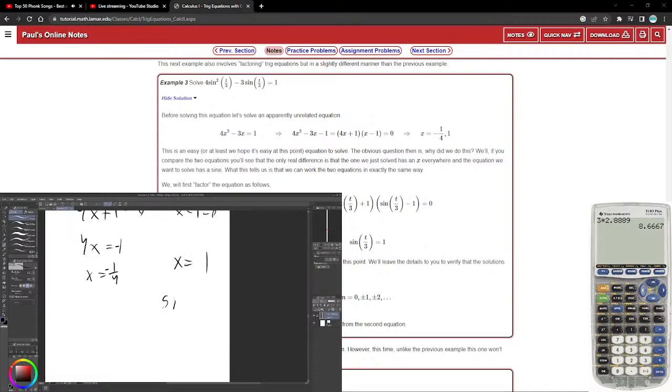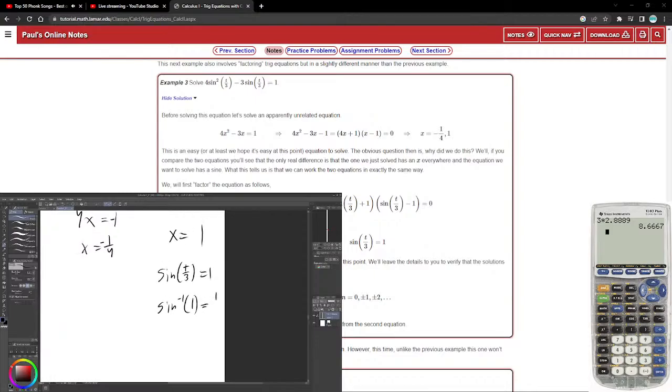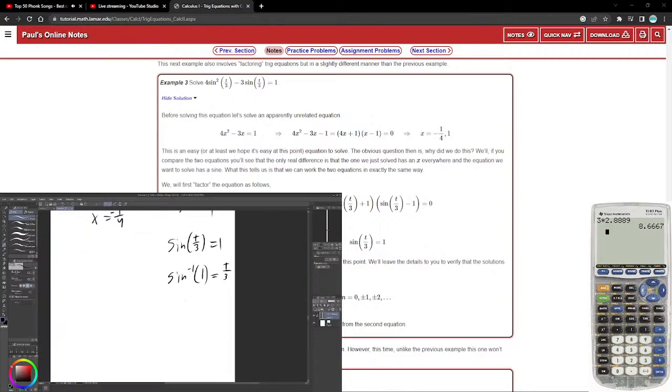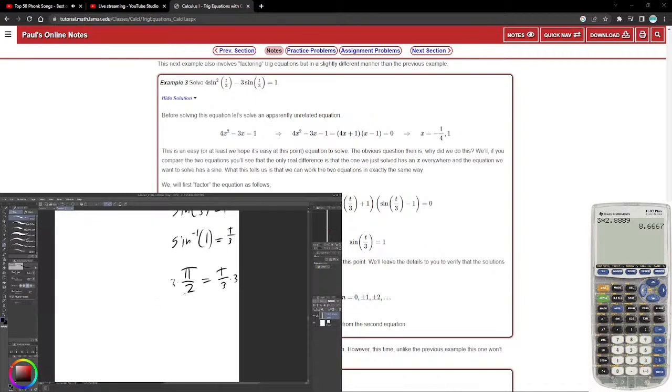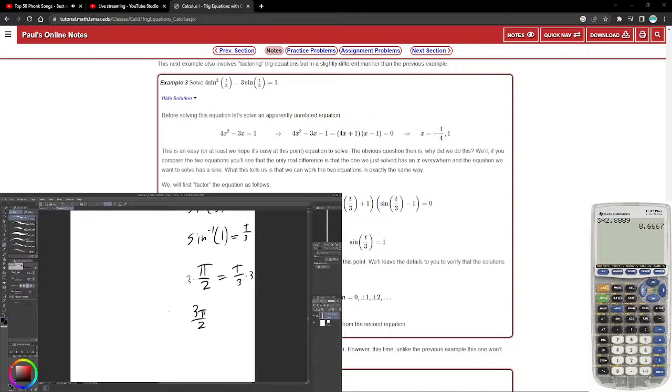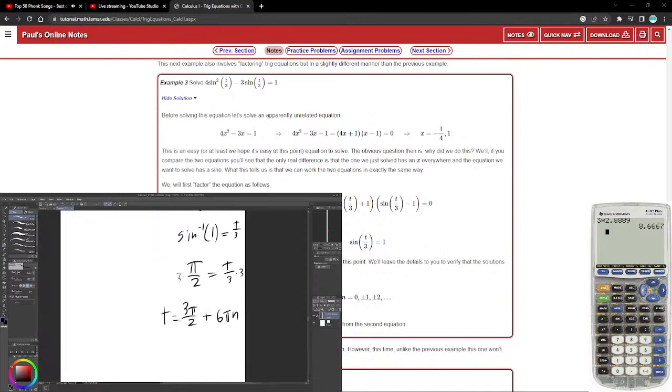So sine t over 3 equals 1. Inverse sine of 1 equals t over 3. So when does sine equal 1? It's only in one spot, which is pi over 2, right? That's how they're getting 3 pi over 2. So t equals 3 pi over 2 plus 6 pi n.